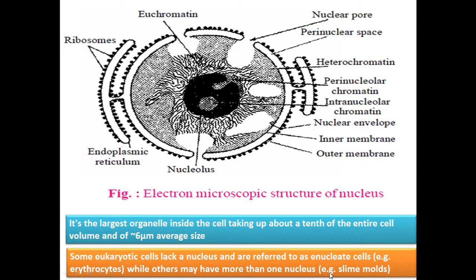Generally only one nucleus is present per cell, but in some eukaryotic cells there is no nucleus, that is enucleated cells like erythrocytes, or there is more than one nucleus like slime molds. In some types of muscular cells also we have more than one nucleus.